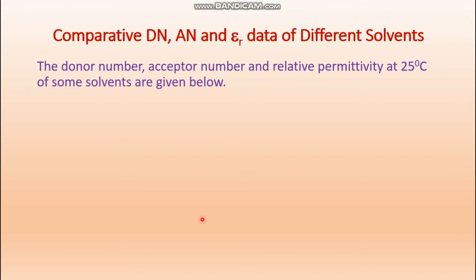These are parameters determined practically in the lab for the first time. Lewis acids and Lewis bases previously had no such parameters by which their strength could be measured, but with the help of donor number and acceptor number, their comparative strengths can be measured thermodynamically.